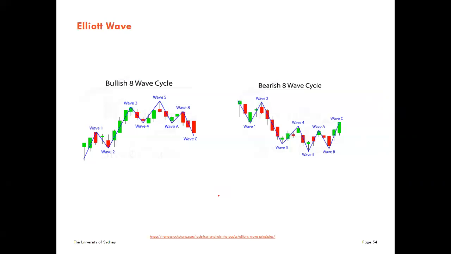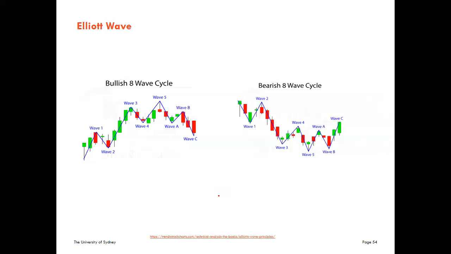So first it gets a wave 1, impulsive wave, and then a retracement of wave 2, a little bit down, and again another wave 3, a very strong wave, a retracement of wave 4, and after getting a peak, wave 5, and then it gets a retracement in three waves, A, B, and C.